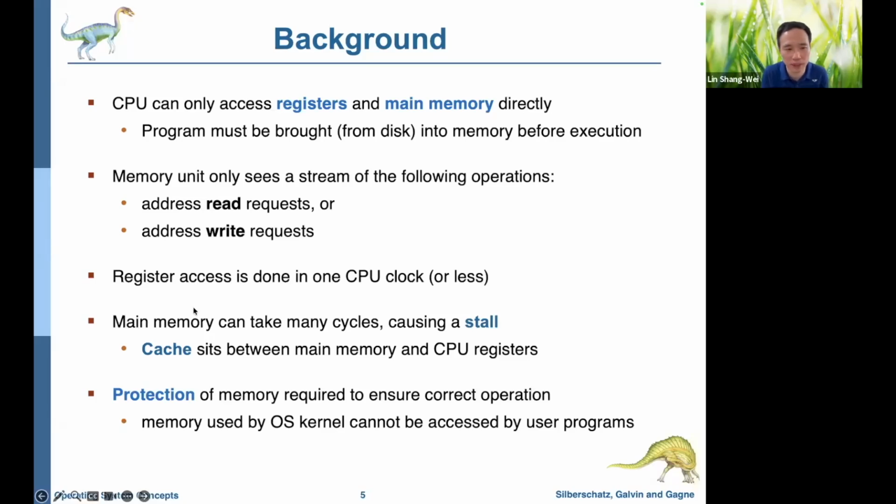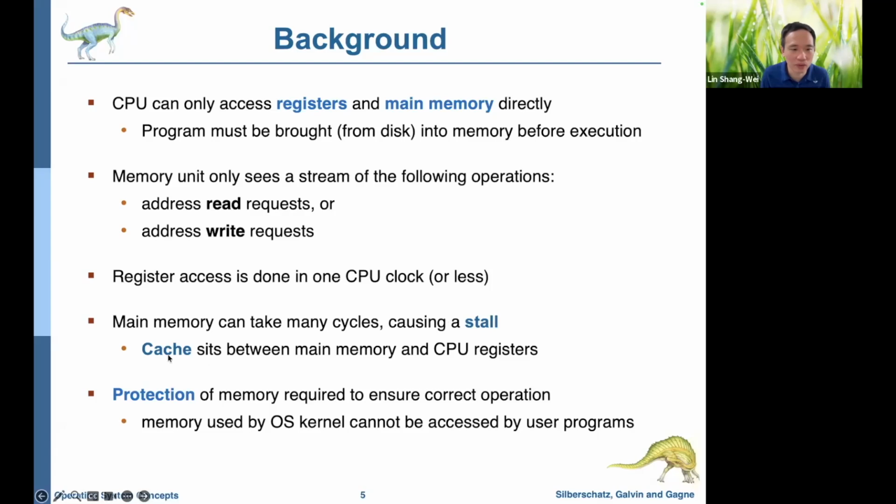However, accessing memory is much slower than a register and may take many CPU cycles. During a read or write operation, the CPU has to stall and wait until the memory access is finished. So this is not efficient.